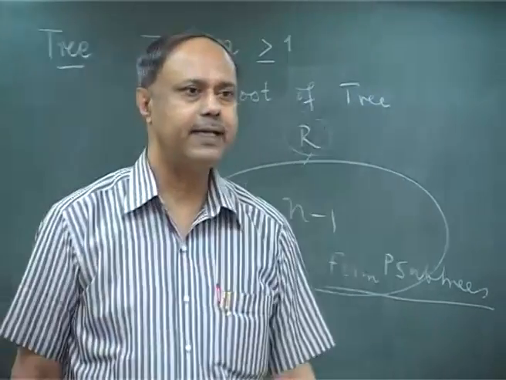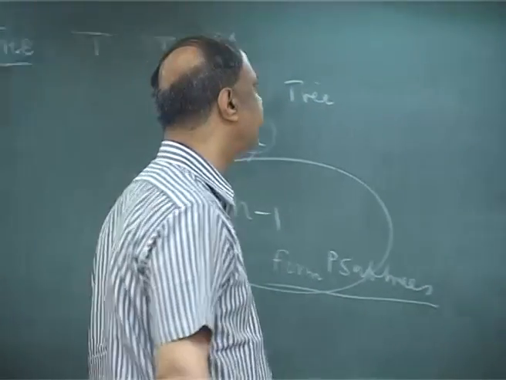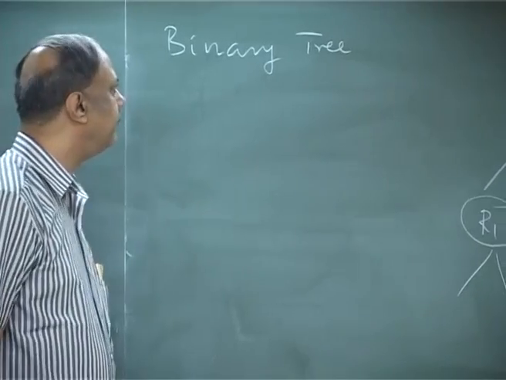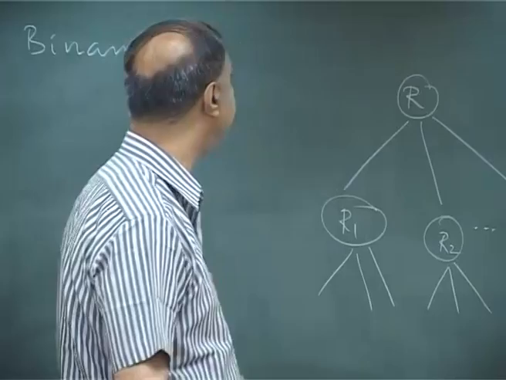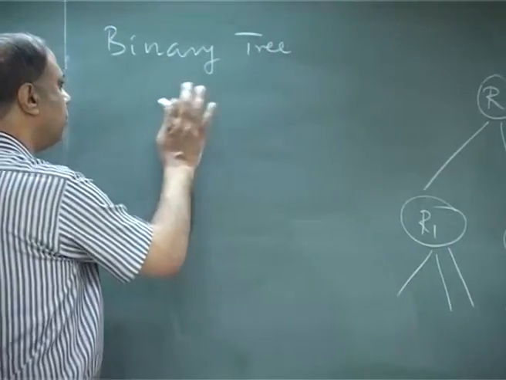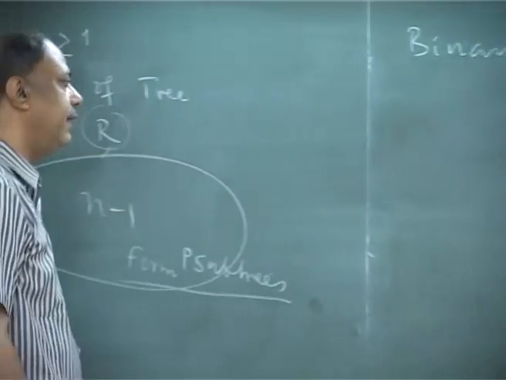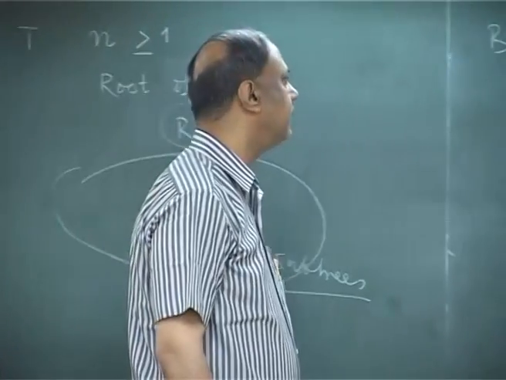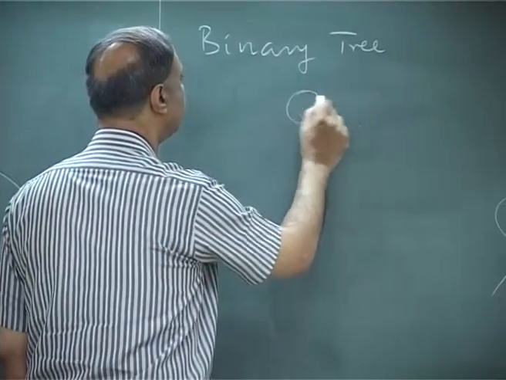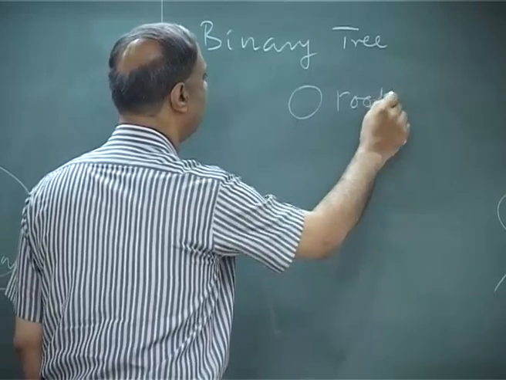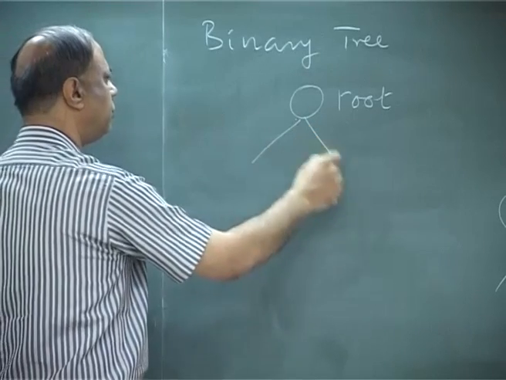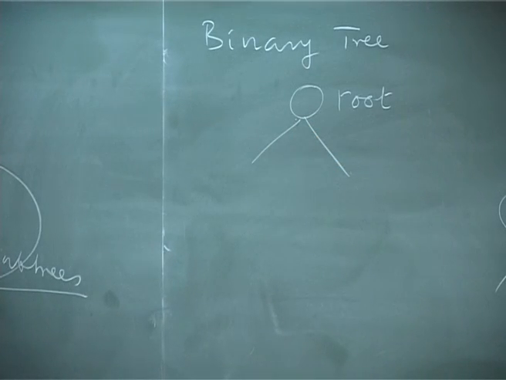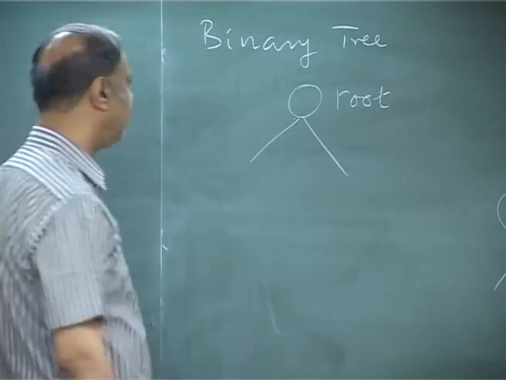Now in the case of binary tree, an empty binary tree is also a binary tree. There is nothing in there, so that you can define what is binary tree. Otherwise, there is a specially designated node which is the root node, and it has at most two subtrees. One is known as the left subtree, another one the right subtree.